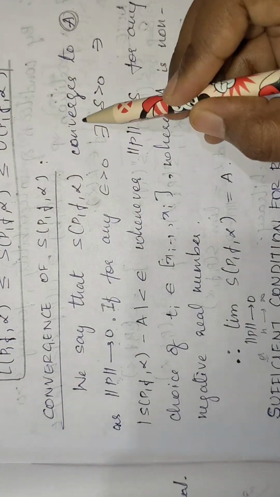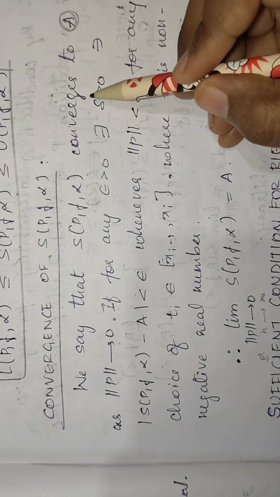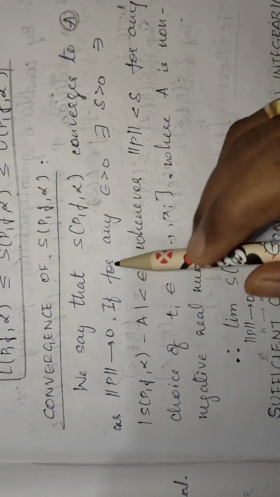The definition of convergence also includes epsilon and delta, and that part is explained here.